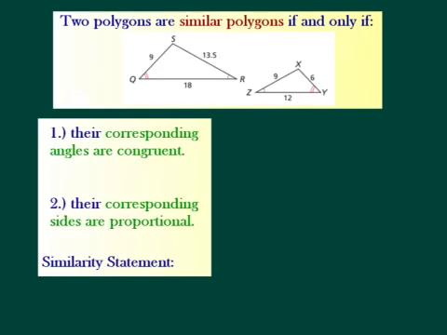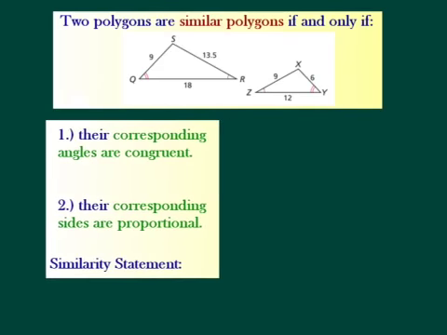Specifically, polygons are similar if and only if they meet these two conditions. Number 1, their corresponding angles are congruent. So let's go ahead and define which angles are the corresponding angles and if they are congruent or not. Let's start with angle R. We have angle R, and we can see that it's congruent to angle Z right here. All right, let's go back to the first triangle right here.